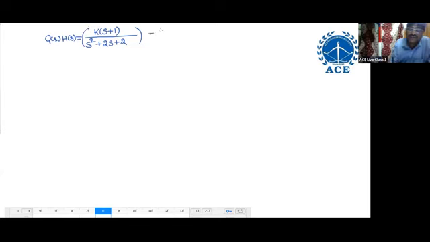Now tell, the number of asymptotes is what? 1. The angle of asymptotes is what? The angle of asymptote is only 180 degrees. So everything will change. So only after adjusting to standard form, you should draw the root locus diagram. So be careful.